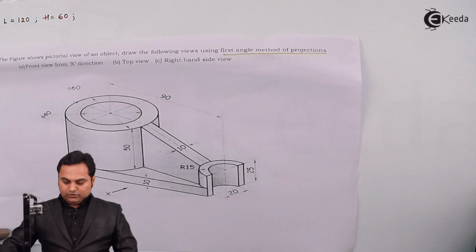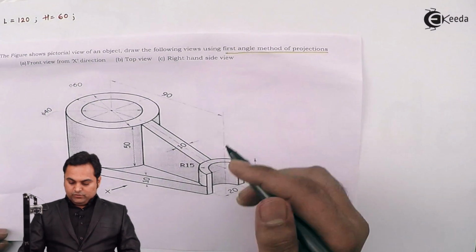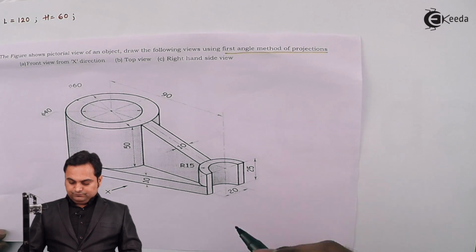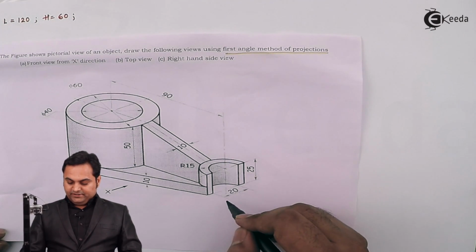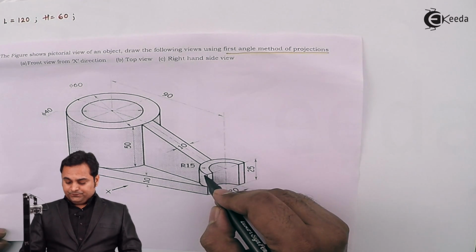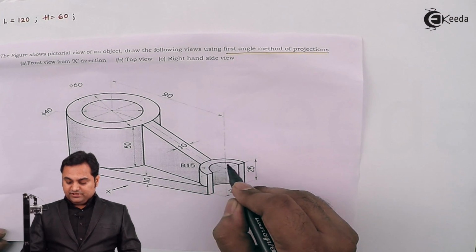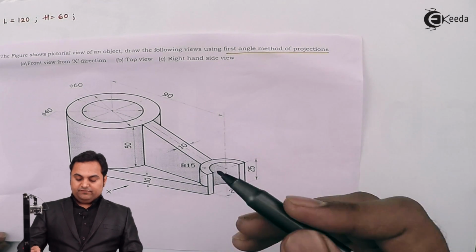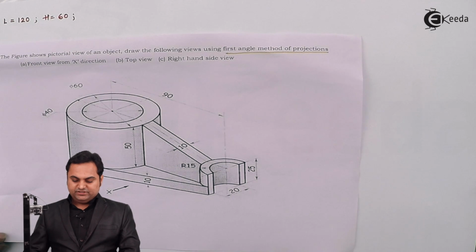Next, total width. If we see here, width is in this direction. Here we get the width as 20. Then the radius of this outer semicircle is 15, so the diameter will be 30. But we want the maximum width, that is the total width.